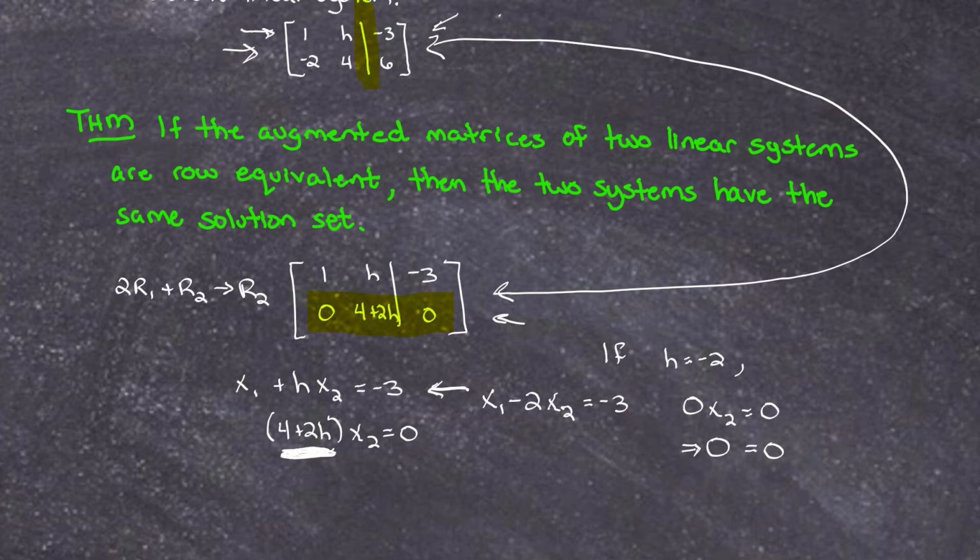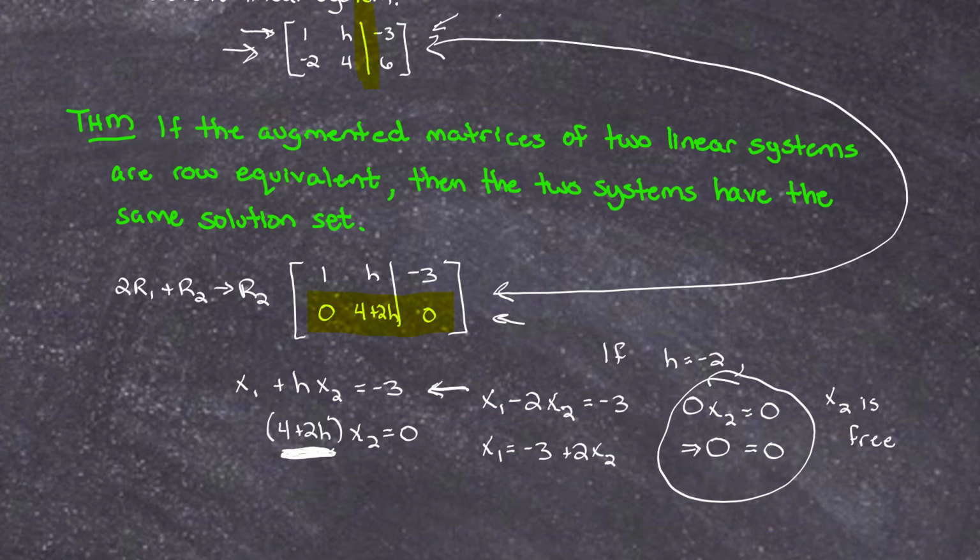And so that will imply that x1 is equal to a negative 3 plus 2x sub 2. The fact that we had 0 times x sub 2 is equal to 0 means x sub 2 could be any number. x sub 2 is free to be anything we want.